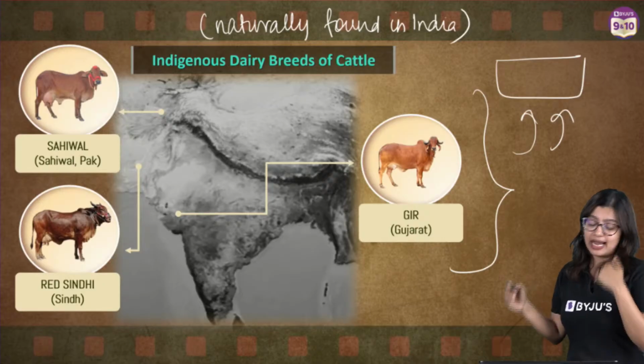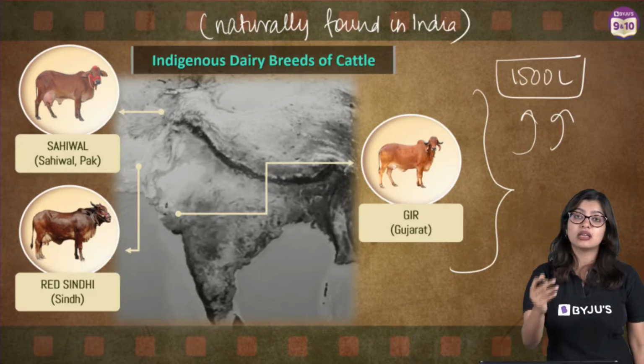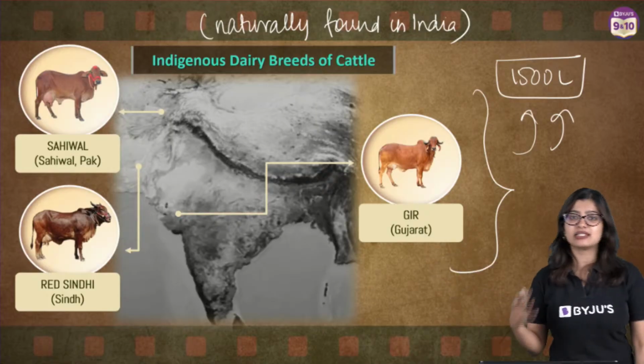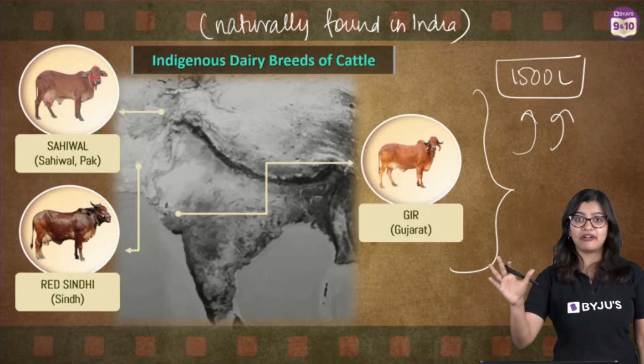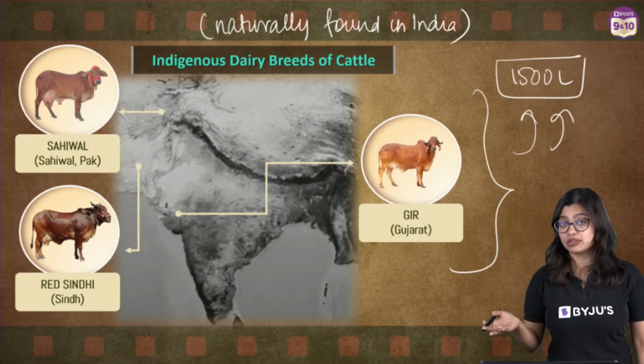Let's assume they produce about 1,500 liters per lactation period, right? That means if their lactation period is about 300 days out of 365 days, in 300 days I'm getting only 1,500 liters.